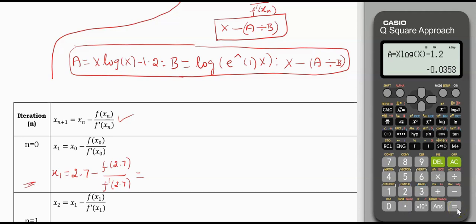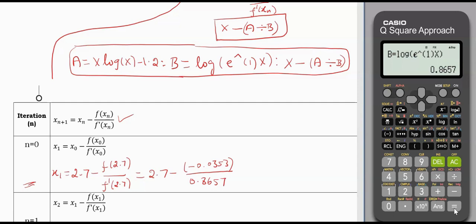We have 0 minus 0.30353. This is the value of f of x. So 2.7 minus 0.0353 divided by, again if we press equal, we have 0.8657, so divided by 0.8657, this f dash of 2.7 value.